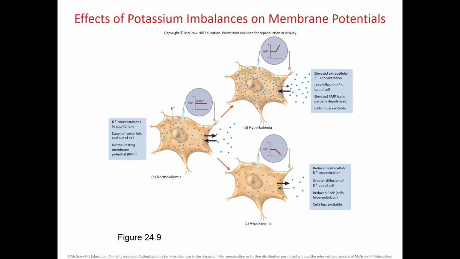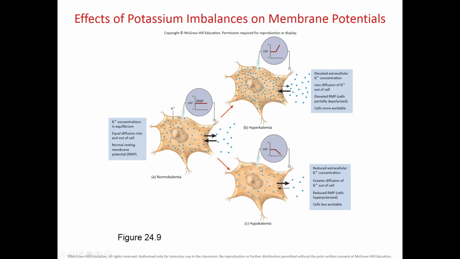This figure shows you the imbalance in potassium. In the top part, you can see what happens with hyperkalemia. In this case, your cells become more excitable. In this diagram of the start of an electric action potential, you can see the elevation of the millivolts toward the plus sign, so the cells can become more easily, or partially, depolarized.